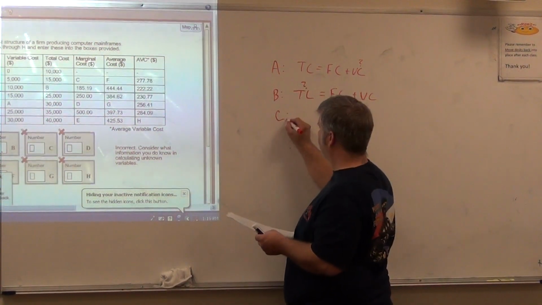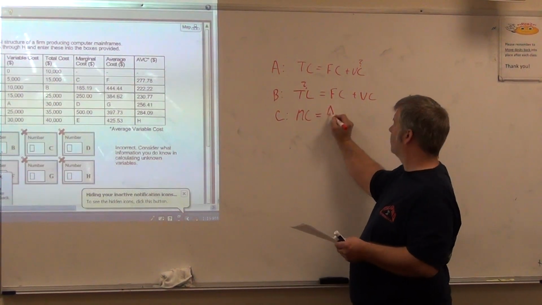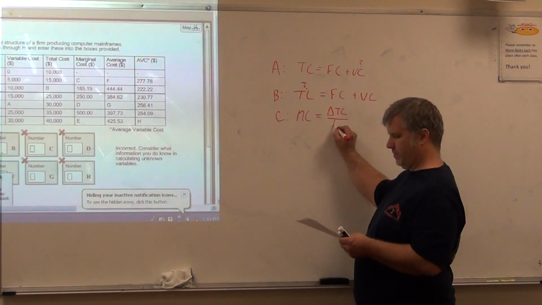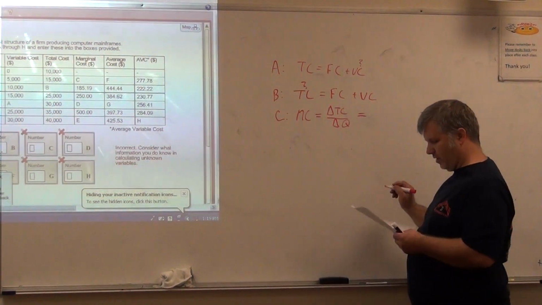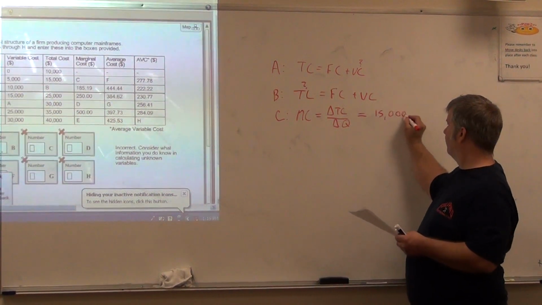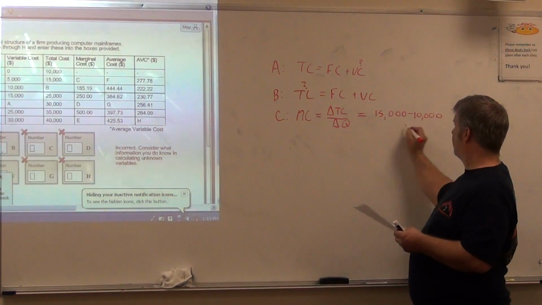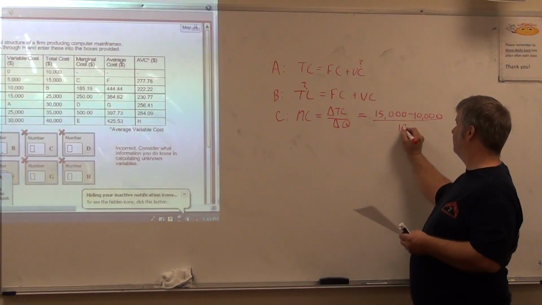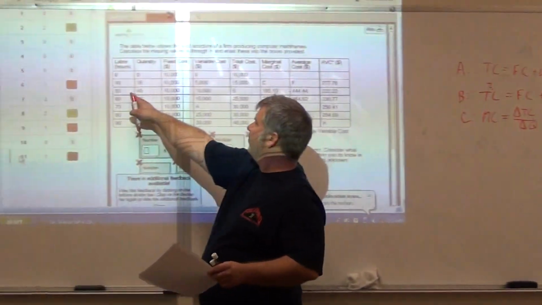For box C, we need to know that marginal costs are equal to the change in total cost between two quantities divided by the change in those two quantities. In this case, I'll give you a little help. It's going to be 15,000 minus 10,000, divided by 18 minus 0. Because you don't want to look at the labor, you want to look at the quantity.